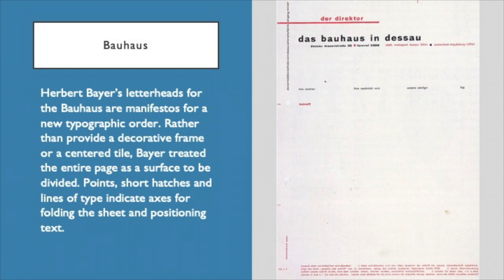So around the same time that we've got De Stijl in the Netherlands, you also get people up in the Nordic countries doing similar things. In Germany, you've got Bauhaus, and I don't mean the metal band, or the goth band, whatever genre you think that Bauhaus falls into.